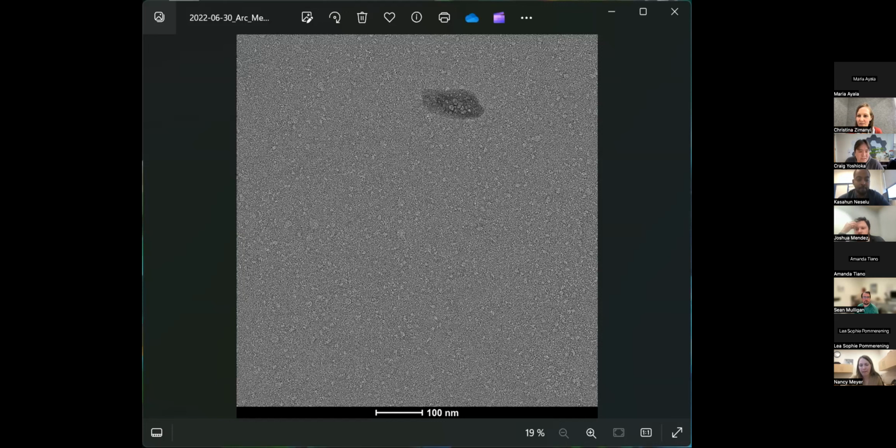Is this a negative stain image? No, it's just over a continuous substrate. Are you concerned about the contrast? There's something that looks odd about this to me.